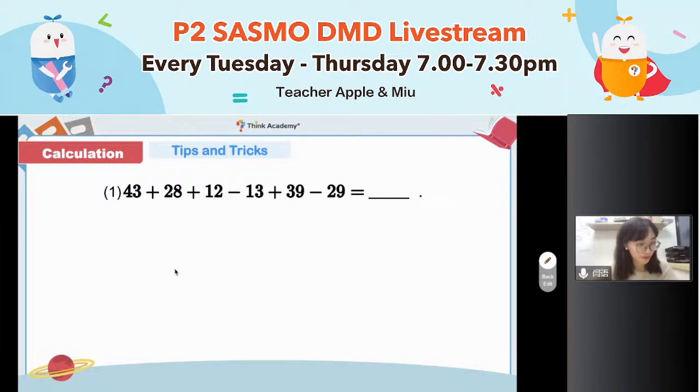The answer, 60. Okay. 60. Okay. Oh, 80. I see different answer. Oh, 82. Okay. 70.